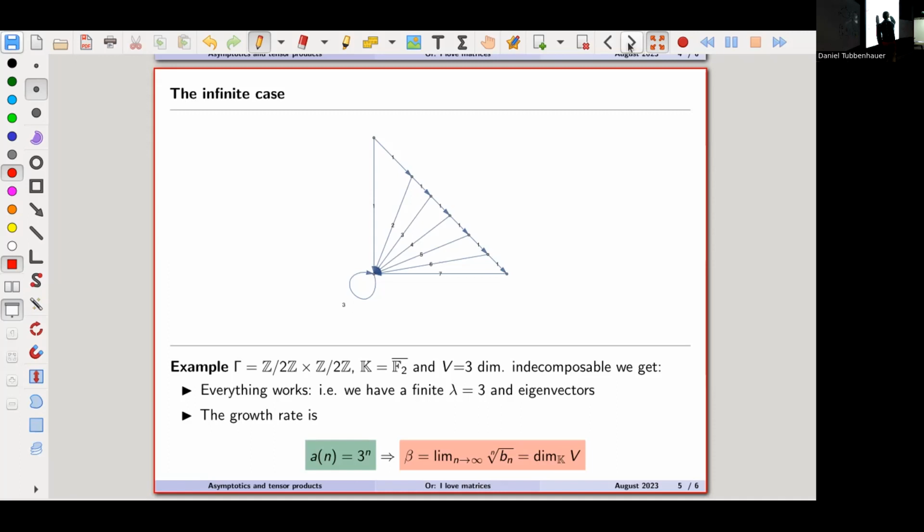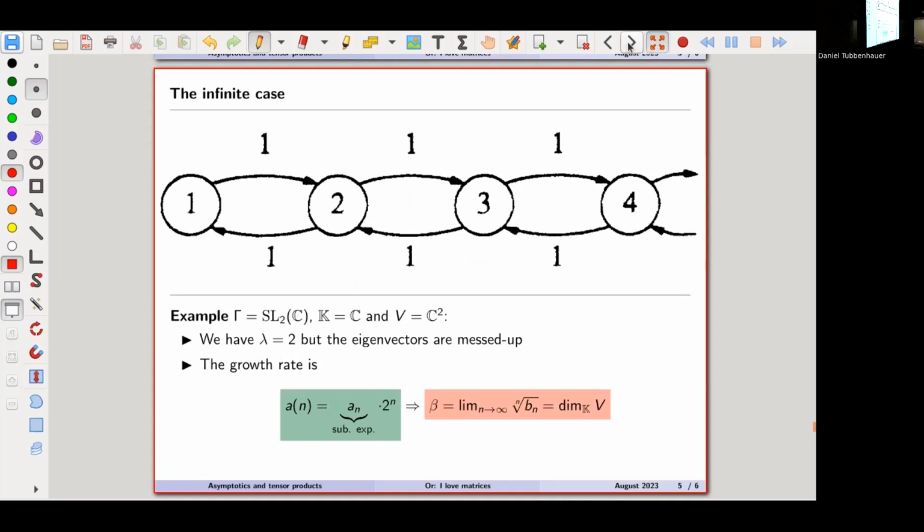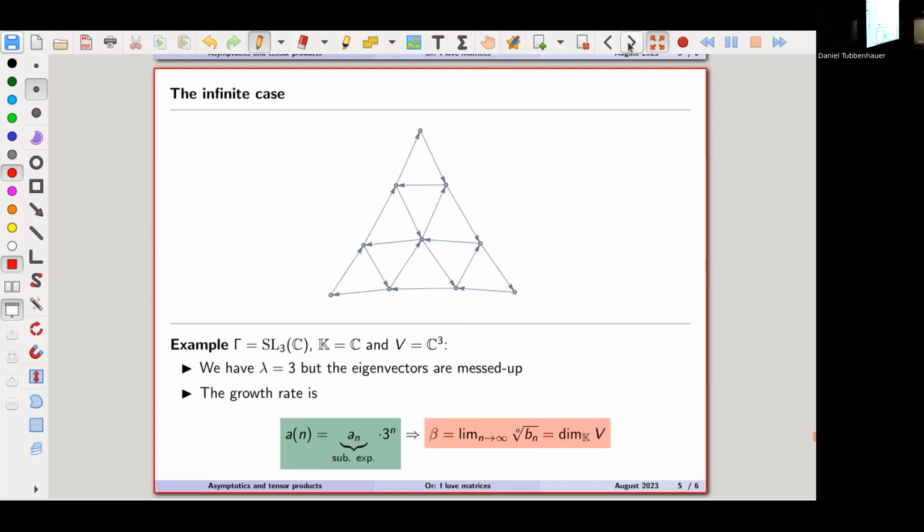Eventually, everything will end up being projected. And you can write it down to get the growth rate from the Perron-Frobenius theorem. Of course, it applies. I did SL2 again. You get the growth rate, that's the graph for SL2. I did SL3, you get the growth rate, and you even get an explicit formula.